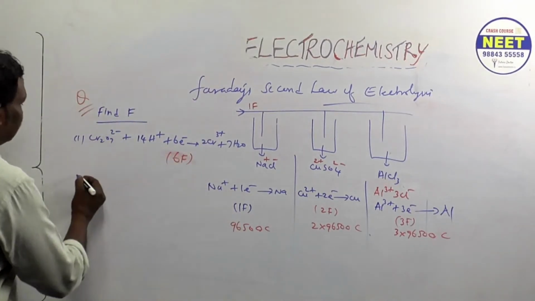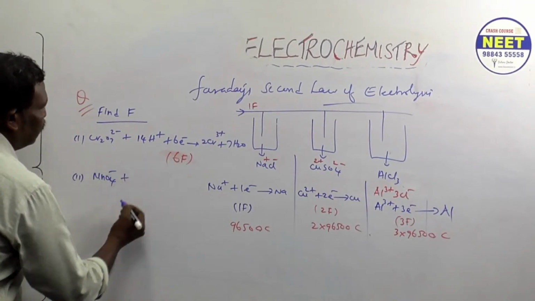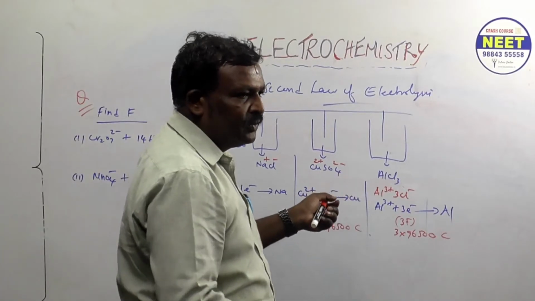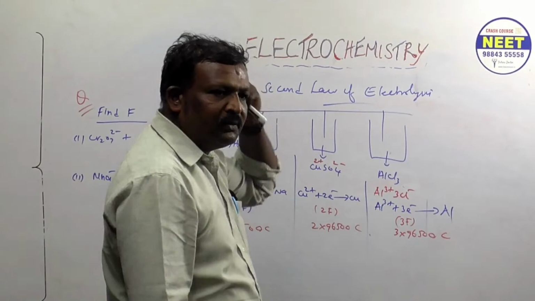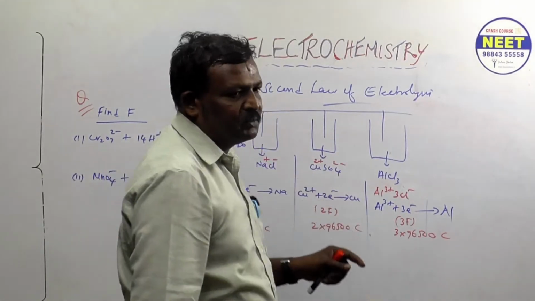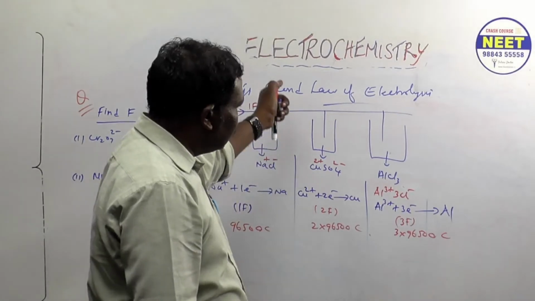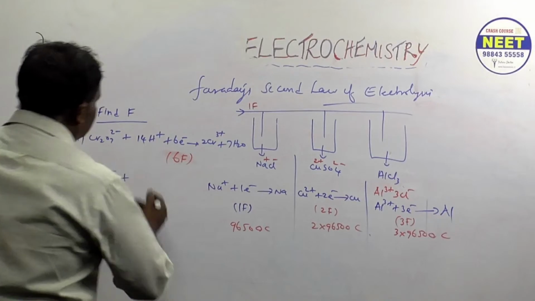Write all this. MnO4-. Tomorrow I am going to take problem solving session on this lesson. Go through it today. Then only when I take tomorrow's problem solving session, I am going to give 7 sums in the same chapter. Today I already gave the questions. First you go through the topic, simple one.